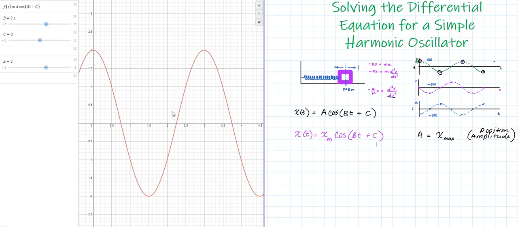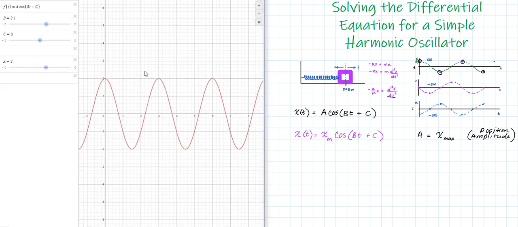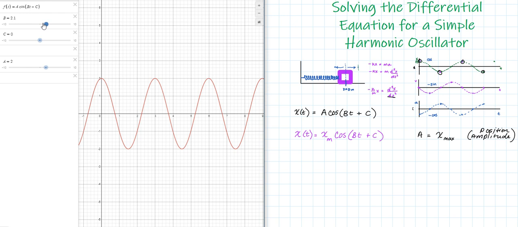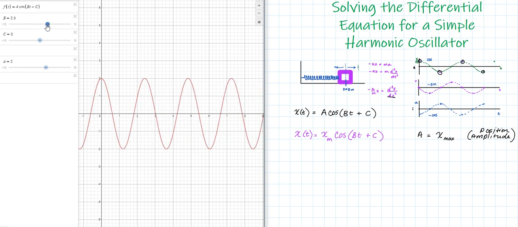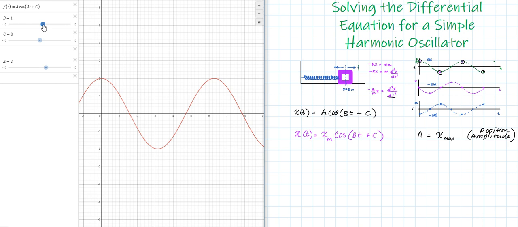Now, generically, in trigonometry, this b is going to stretch and compress the function. Let's think of that in terms of what we've talked about.